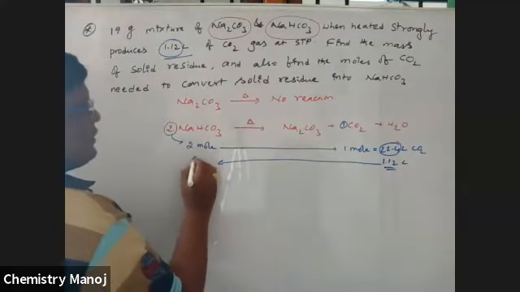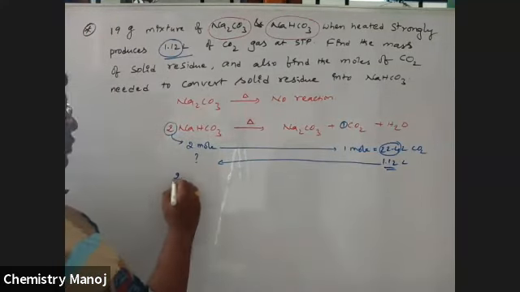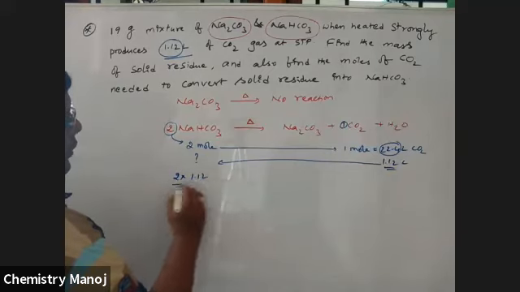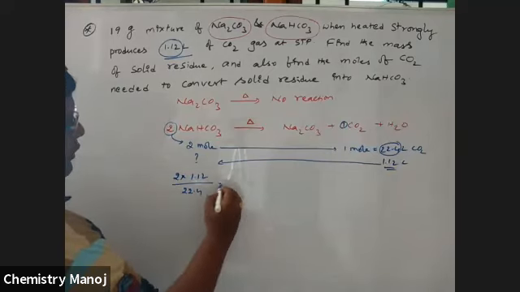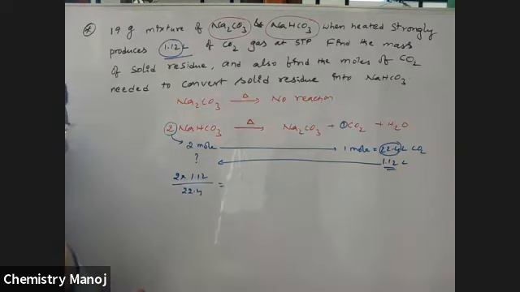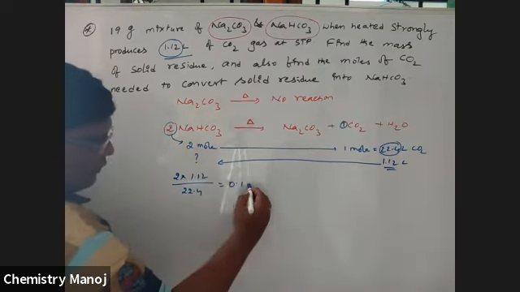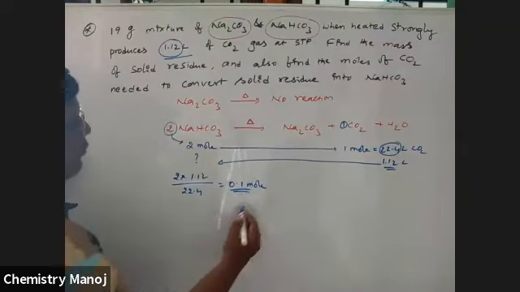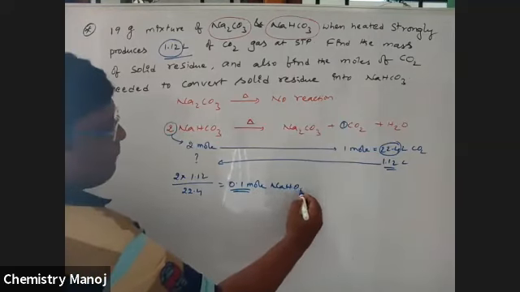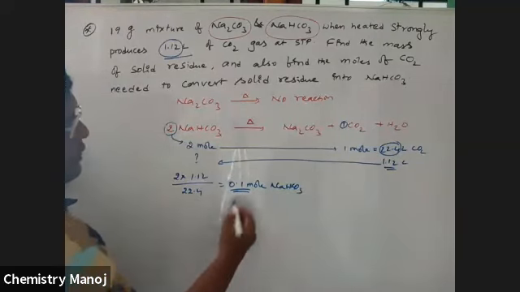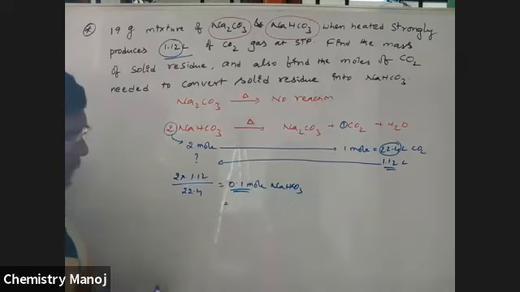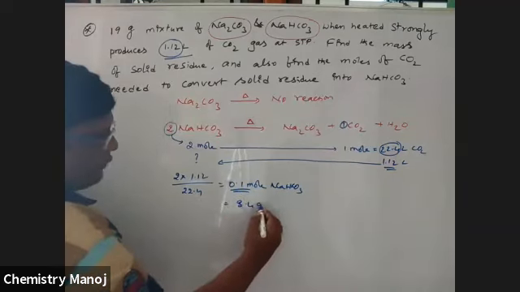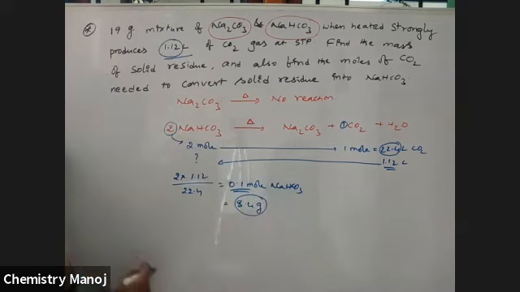So from how much NaHCO3? That is 2 into 1.12 by 22.4, which is equal to 0.1 mole NaHCO3. 0.1 mole means weight by gram molecular weight. 1 mole is 84, so 0.1 mole is 8.4 grams.